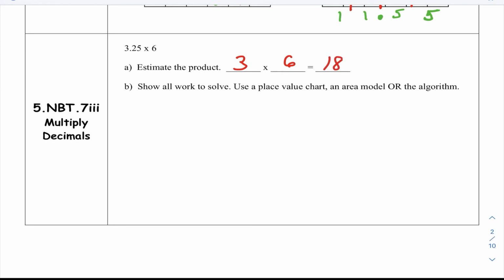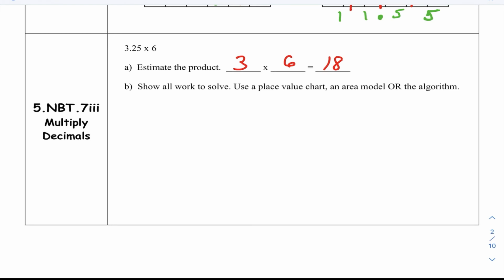Now, what this tells me is when I'm multiplying, since I rounded 3 down and I left the 6 alone, so 3 and 25 hundredths multiplied by 6, and I have my estimate of 3 multiplied by 6. Since I rounded down, I know 18 is a little low, so my answer should be slightly more than 18 if I work it out correctly.